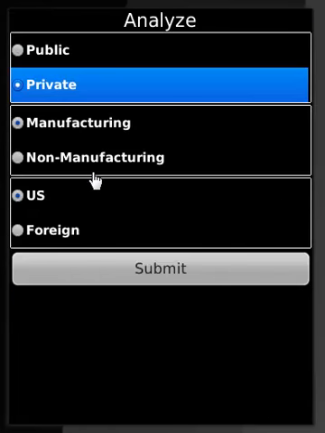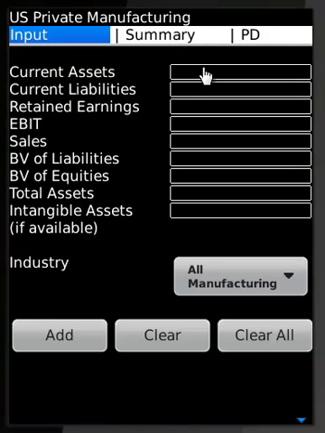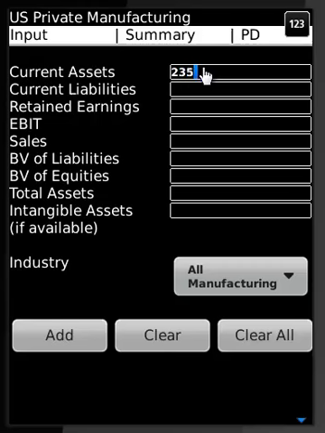Now let us take a look at the US private manufacturing company. In this case we have 235886, in thousands. Liabilities 85565. Retained earnings is 0. EBIT is minus 157461.